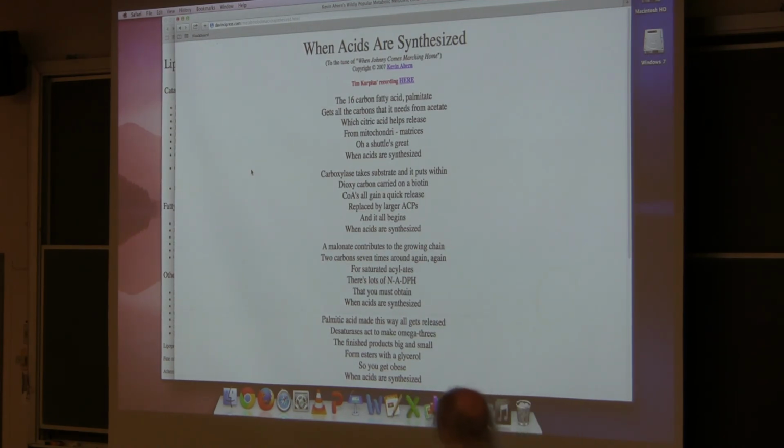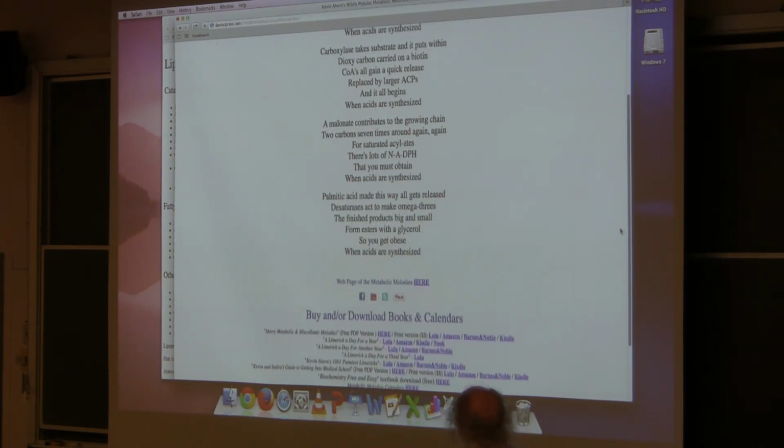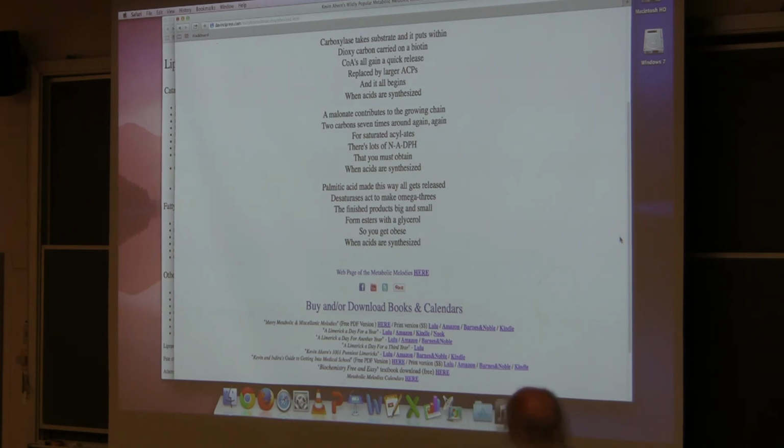A malonate contributes to the growing chain. 2 carbons 7 times around again. For saturated acylates, there's lots of NADPH that you must obtain when acids are synthesized. Palmitic acid made this way all gets released. Desaturases act to make omega-3s. The finished products, big and small, form esters with the cholesterol. So you get obese when acids are synthesized.